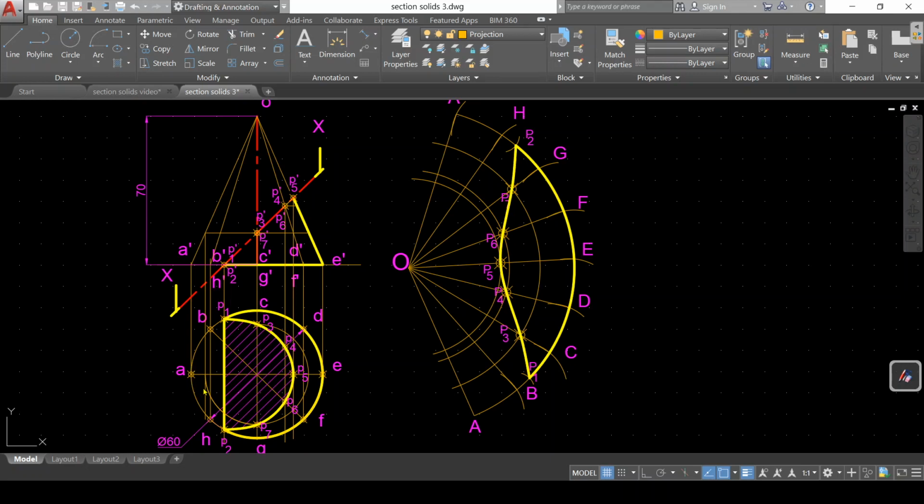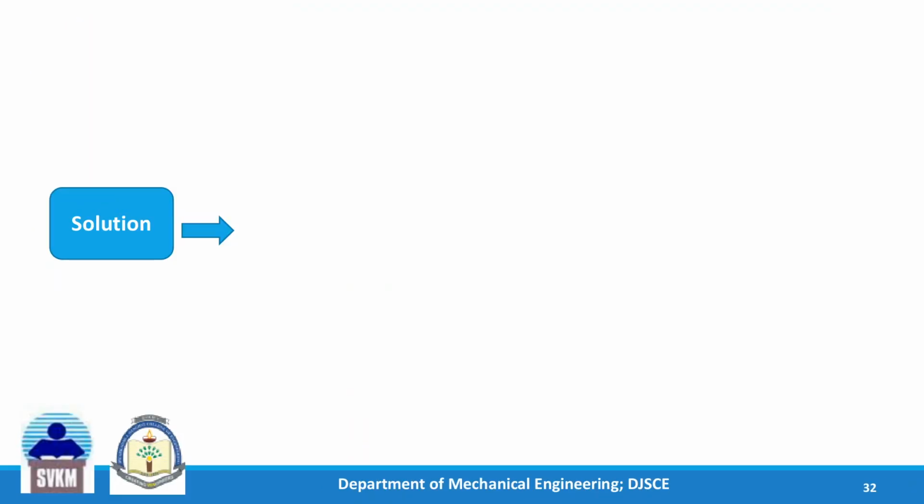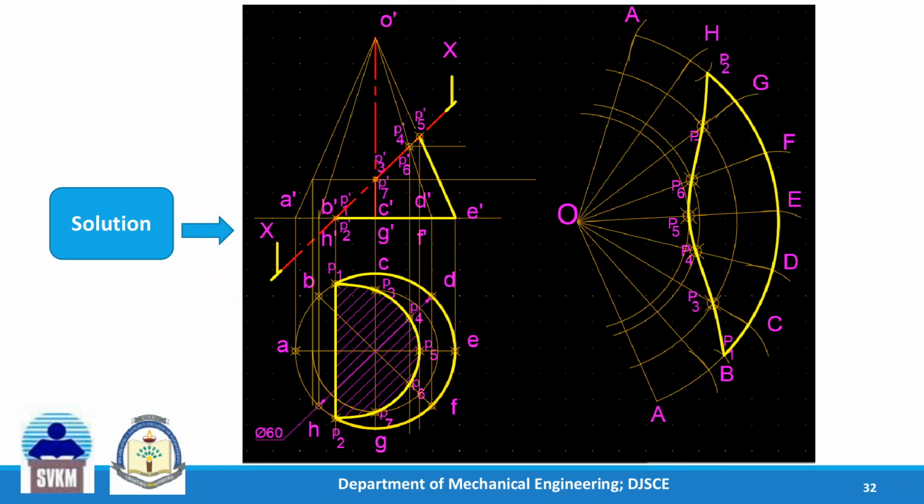The base part we are not developing. We are only developing the side surface or the lateral surface, and this is how the solution for this sum is. So this is the solution we have put up here on this slide.